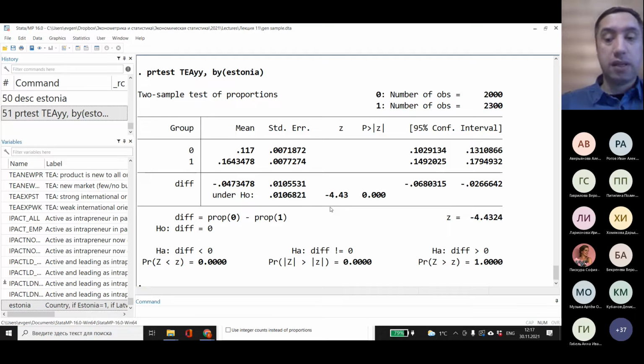And our p-values confirm this fact. We see that the difference is negative, meaning that the proportion of entrepreneurs in Estonia is greater than in Latvia. Or simply speaking, our research shows that entrepreneurial activity is higher in Estonia than in Latvia. That's it.